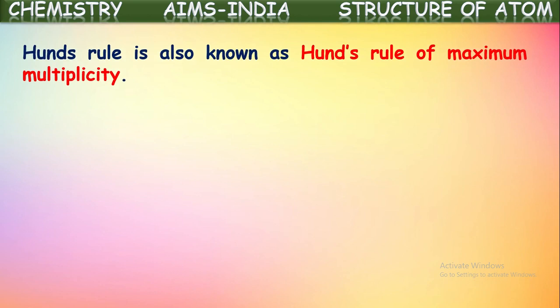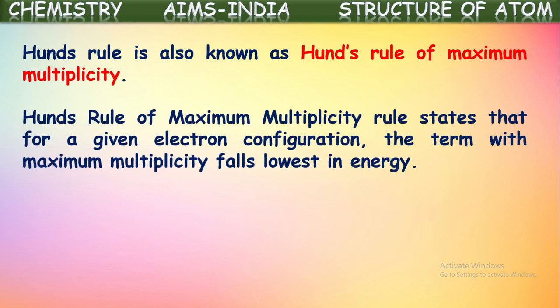Now let us see some extension of the same Hund's rule. Hund's rule is also known as Hund's rule of maximum multiplicity. It states that for a given electronic configuration, the term with the maximum multiplicity falls lowest in energy.